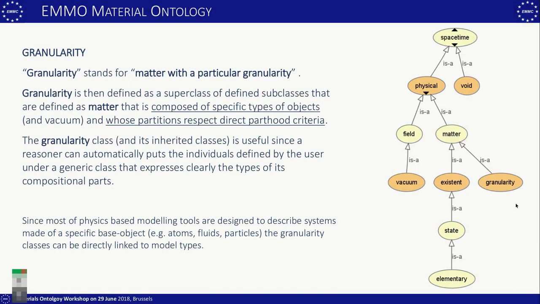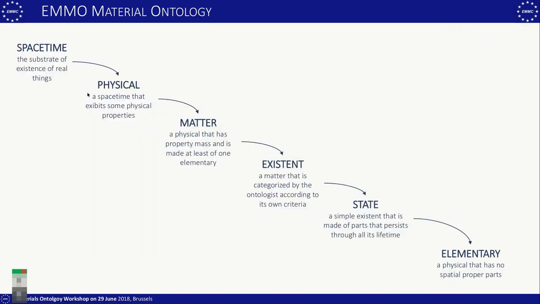For example, an atom granularity is when you define a thing that is made of direct-part atoms only. This is the scope of these classes. But let's go to a few examples. Okay, the time is over, but I'm asking for five minutes more for the examples.